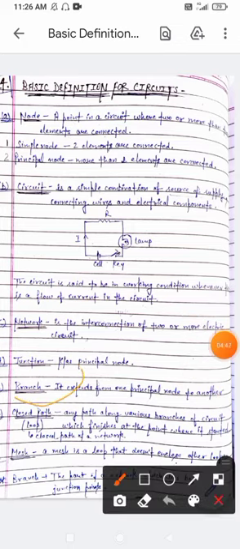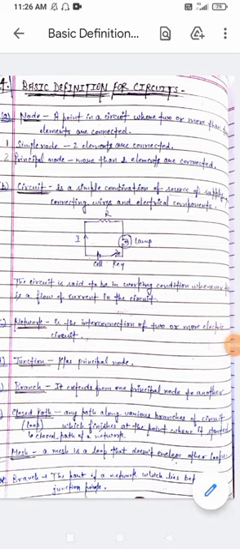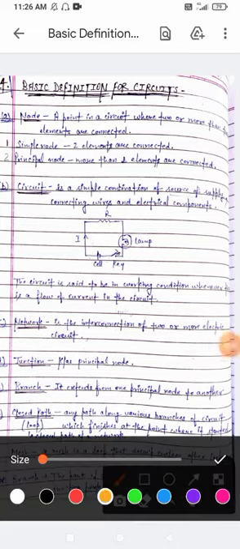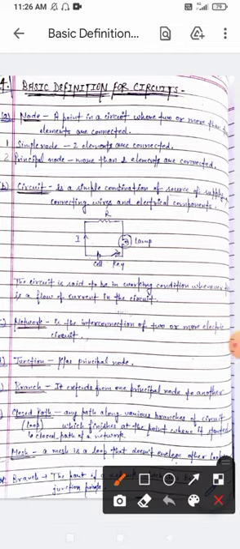Next definition is closed path. Closed path consists of various branches of circuits which finish at the point where they started. Closed path is also known as a loop.